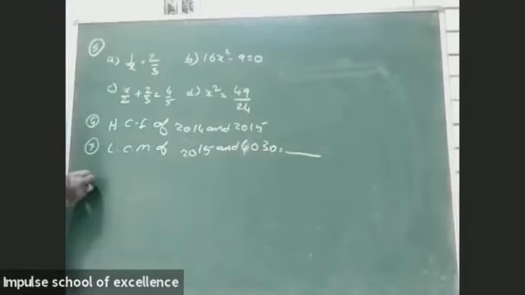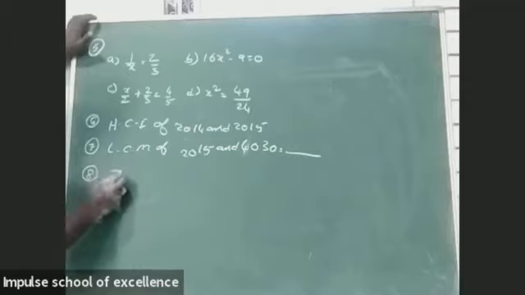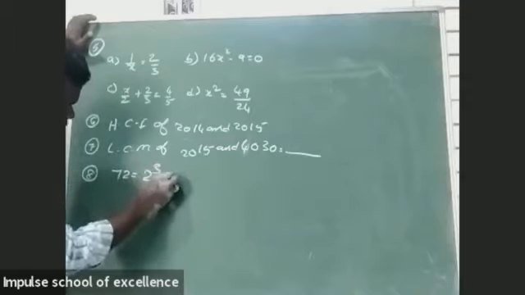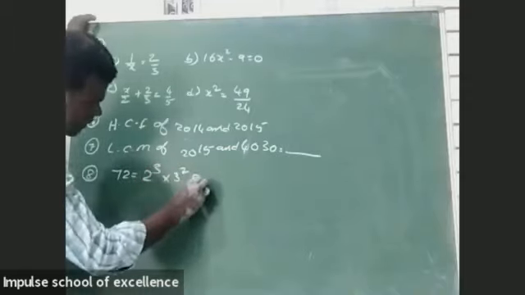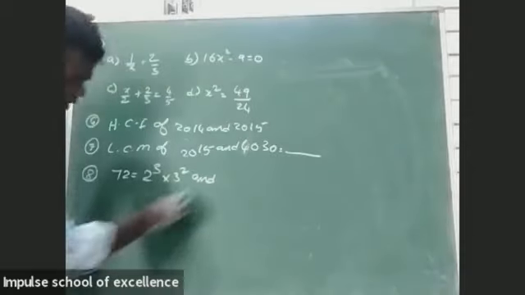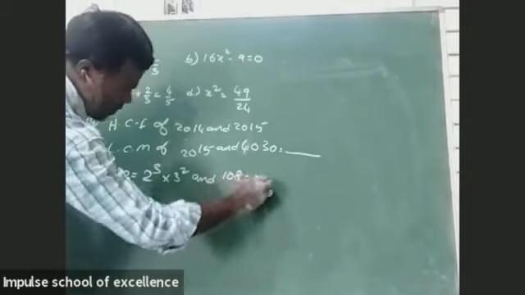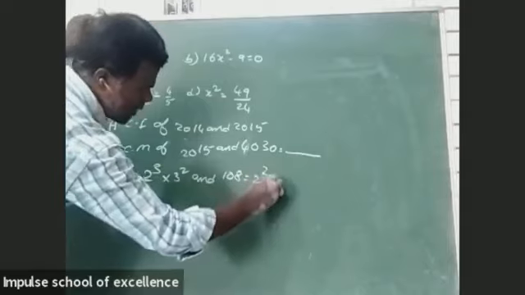You should calculate the LCM. And 72 is equals to 2 cube into 3 square, and 108 is equals to 2 square into 3 cube.